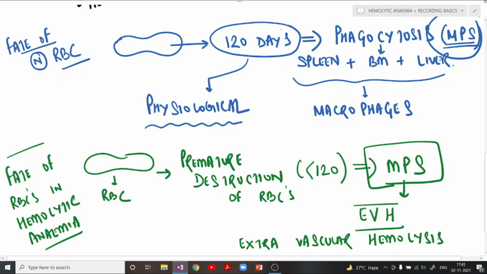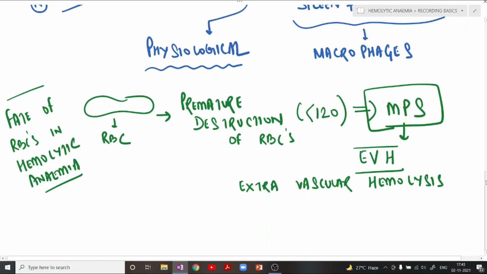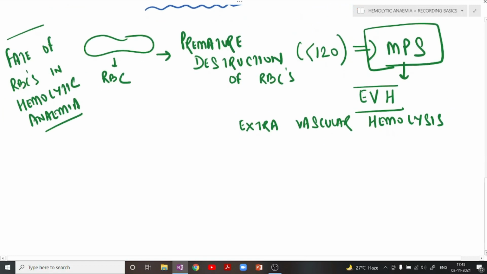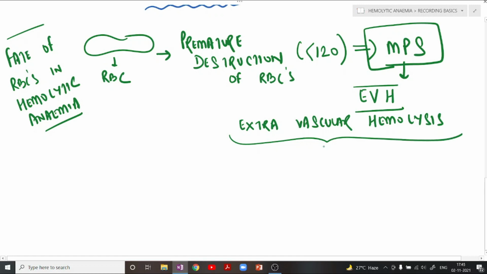Now try to understand one very important aspect. Our body has a certain capacity for carrying out phagocytosis or destruction. So when this extravascular hemolysis is in excess or if it becomes persistent, then what will happen?